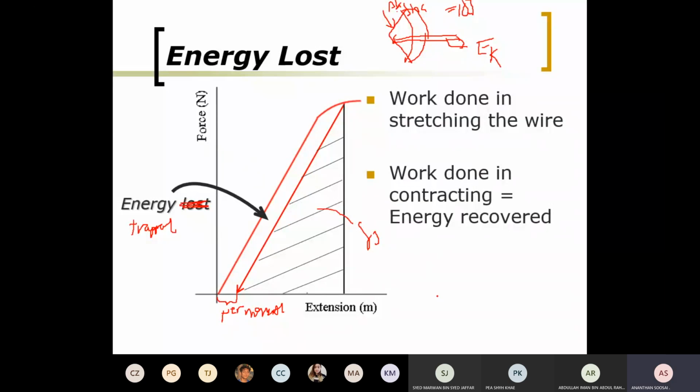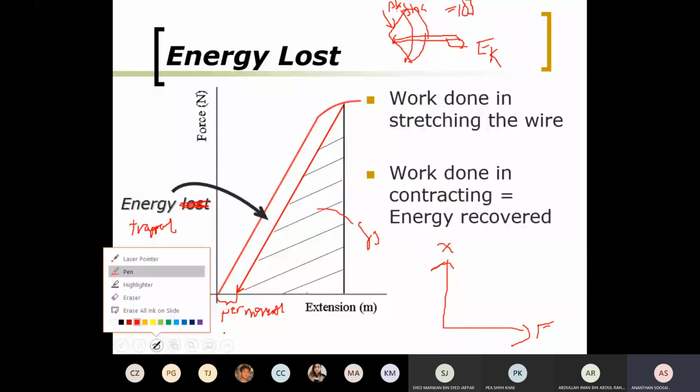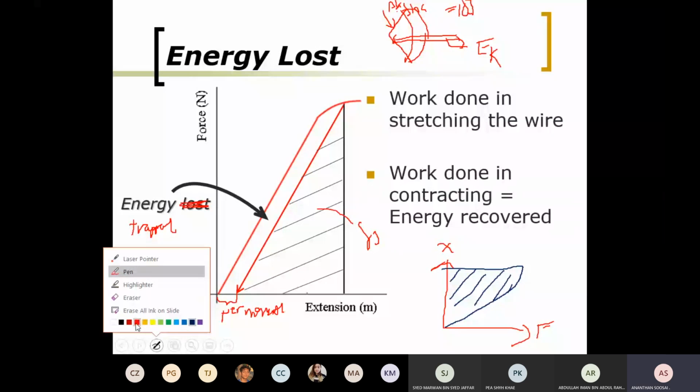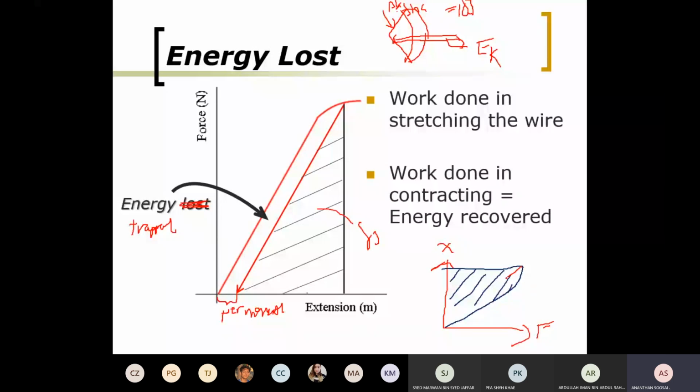Instead of a force versus extension graph, they might plot extension versus force. If it's extension versus force, let's say you extend it until plastic deformation, the graph will go like this. Where's the energy stored? This will be your energy stored. Your y-axis is the extension now. And of course, when you let it go, you take an alternative path, come back here. So which is the energy recovered?